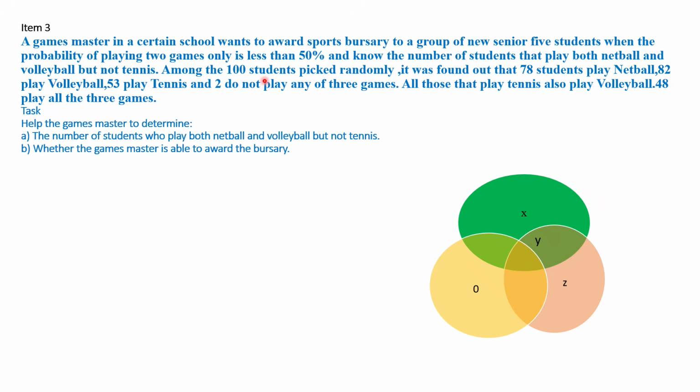Among the 100 students picked randomly, it was found out that 48 students play netball, 82 play volleyball, 53 play tennis, and 2 do not play any of the 3 games. All those that play tennis also play volleyball, and 48 play all the 3 games. The task here: help the games master to determine the number of students who play both netball and volleyball but not tennis, and then determine whether the games master is able to award the bursary.